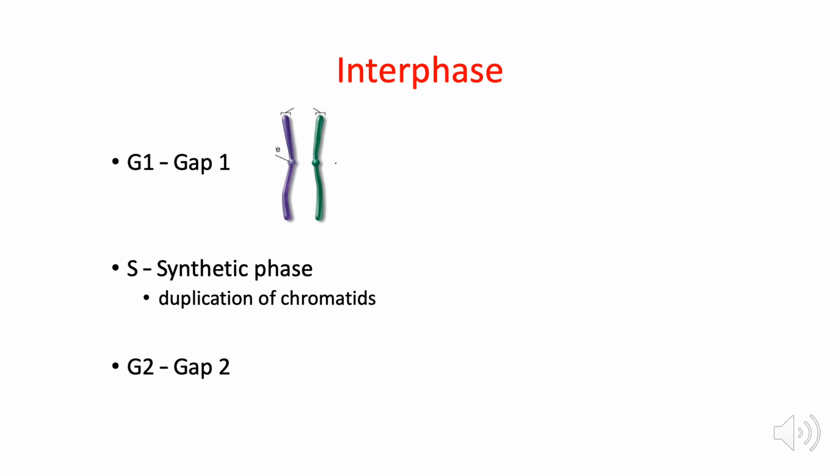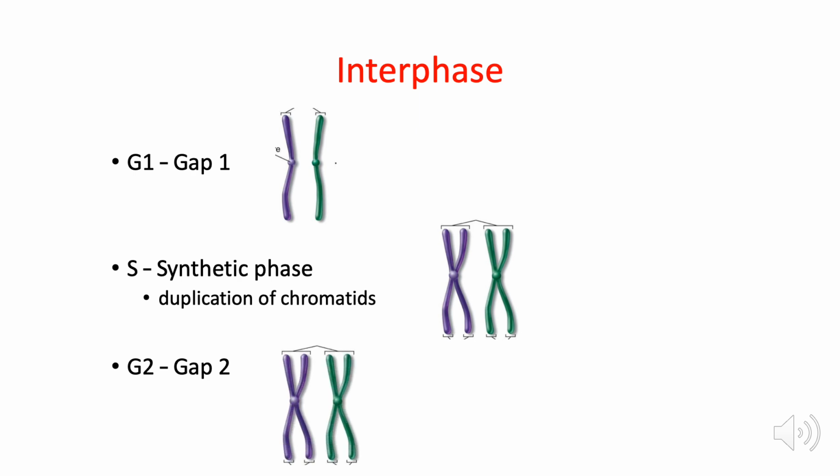But as mentioned a while ago, once the cell reaches the synthetic phase, the DNA and the chromosomes should be duplicated. And this is how they will look. And since they have already been duplicated during the S phase, expect that the chromosomes will also be duplicated when the cell reaches the G2 phase or the gap 2 phase.